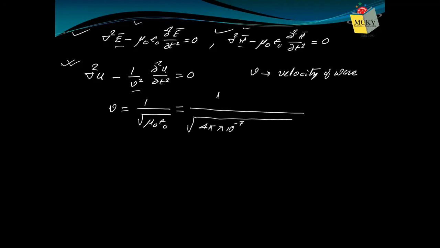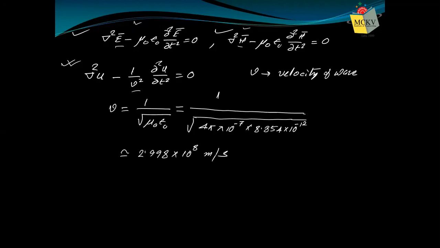And epsilon naught is 8.854 into 10 to the minus 12 SI unit. If we put the values of mu naught and epsilon naught and calculate, then V comes out to be 2.998 into 10 to the power 8 meter per second.